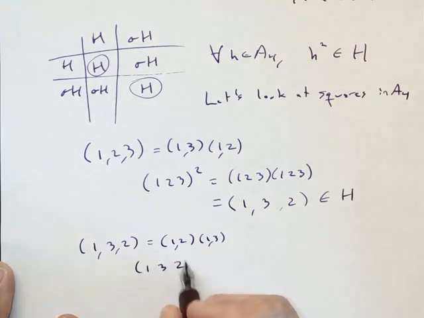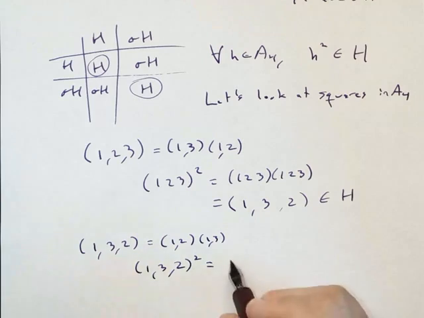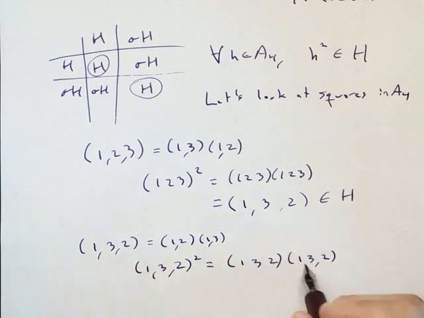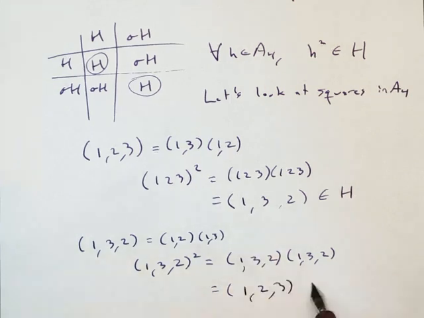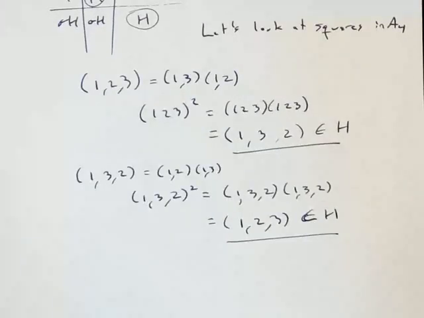What's its square? (1 2 3). So that's in H. Hey, wait a minute. (1 3 2) is in H. (1 2 3) is in H. And notice that the actual symbols I used aren't all that important.